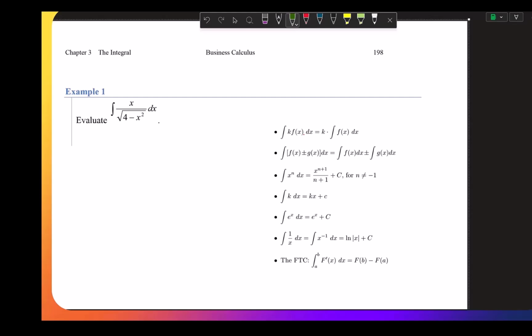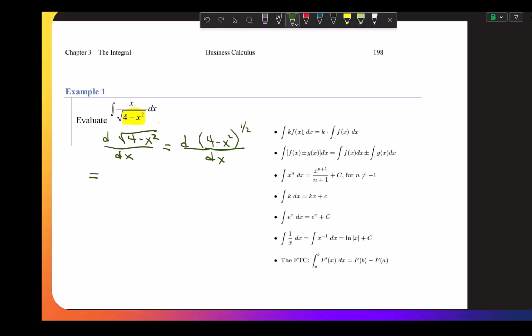What I do know is that if I were to take the derivative of just that function, the derivative of the square root of 4 minus x squared, which is 4 minus x squared to the 1/2 power with respect to x.